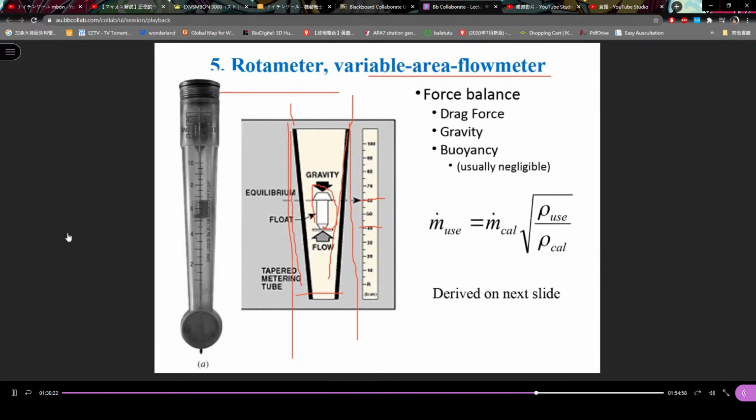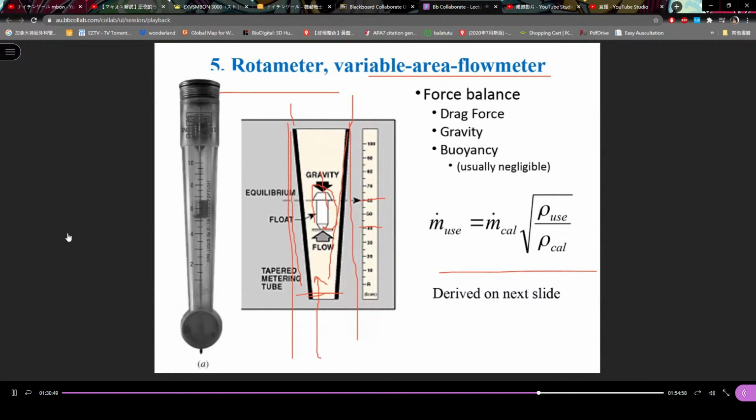If air or water goes this way, higher velocity means a higher position of this float. Low velocity, the float will drop to this end. The manufacturer will give you an equation, which the manufacturer derived, on the next slide.